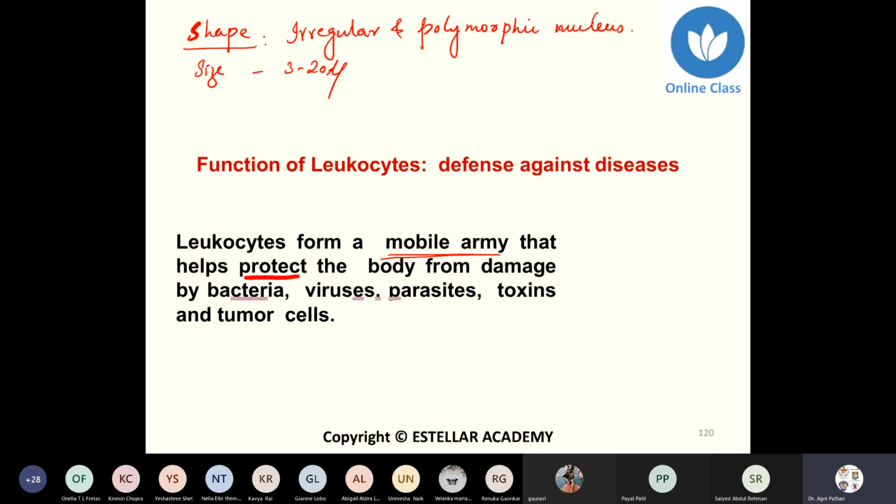Size is 3 to 20 micron. Lifespan, 3 to 30 days.